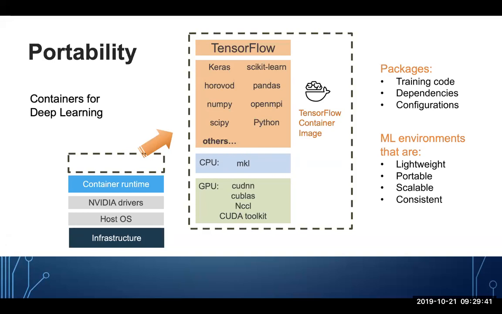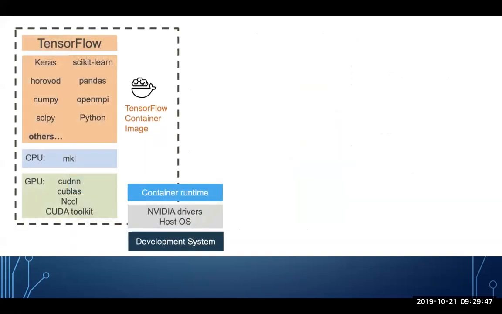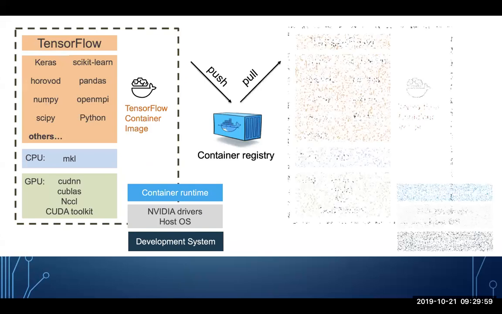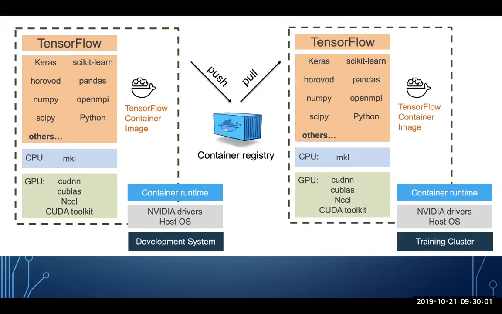And by having this container definition, it makes it very portable, because let's assume you're developing this on your local laptop or a development system. Then you can push that definition to a so-called container registry. And then from another environment, you can pull it and then just deploy and run it, for example, here on a training cluster.